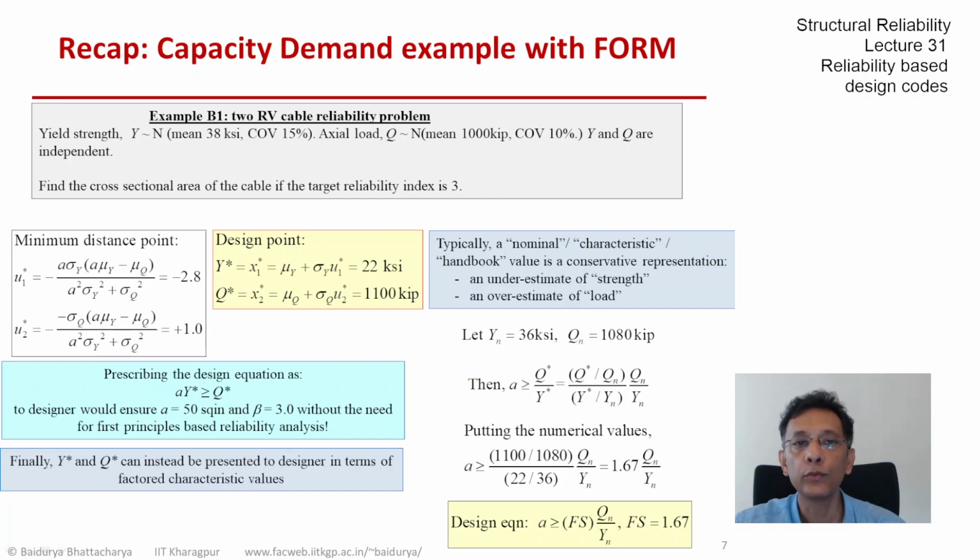Without the need to know how the factor of safety came, what the implied reliability is, what the role of the distributions were, how much uncertainty there was, the designer could go ahead and do the construction, and thereby we would ensure that the target reliability, which is beta equal to 3 in this case, was automatically satisfied.